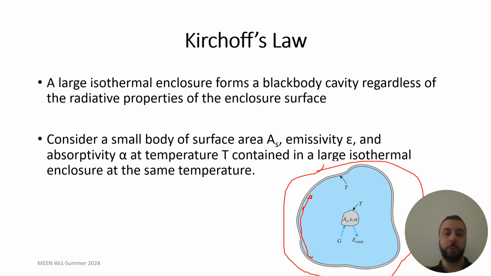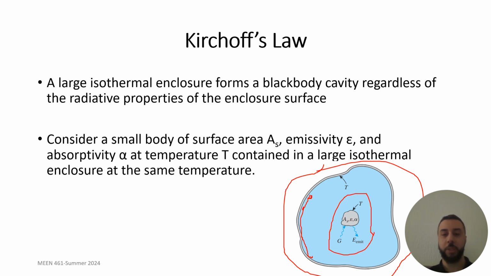Then we can consider a small body of surface area A_S, emissivity epsilon, and absorptivity alpha at temperature T inside the cavity. We're going to use this example to try to make things a bit simpler.